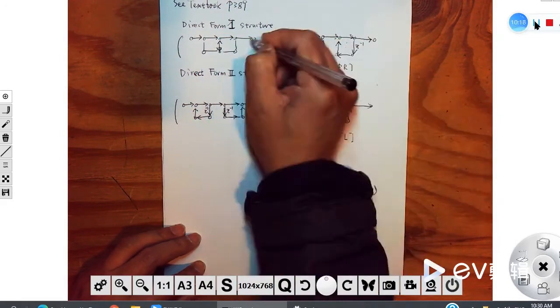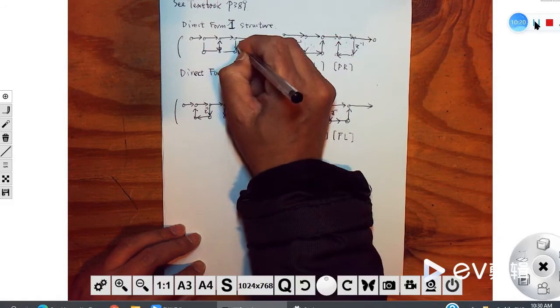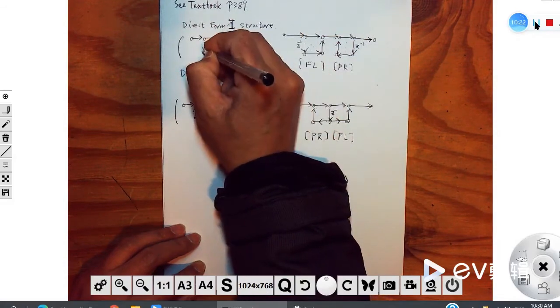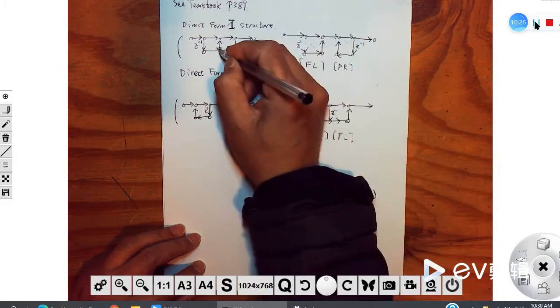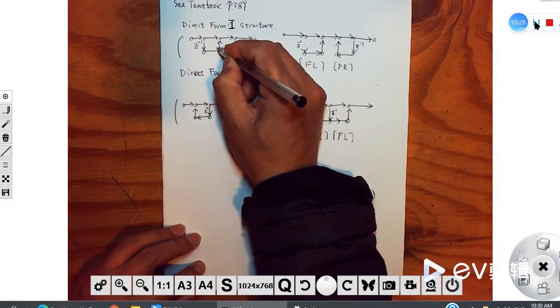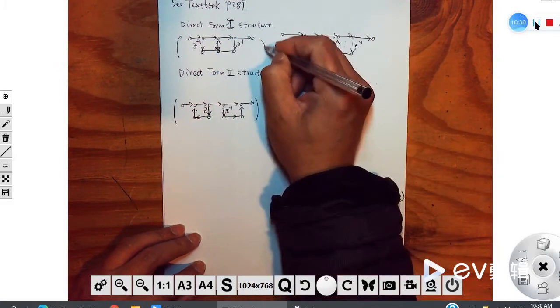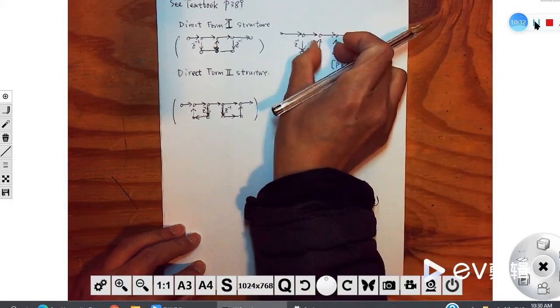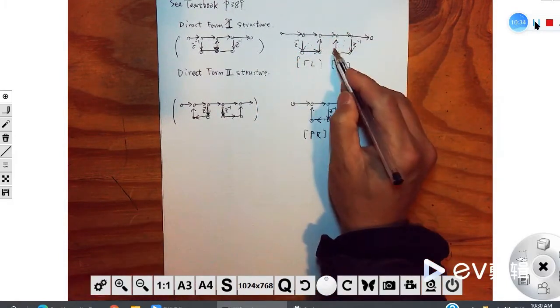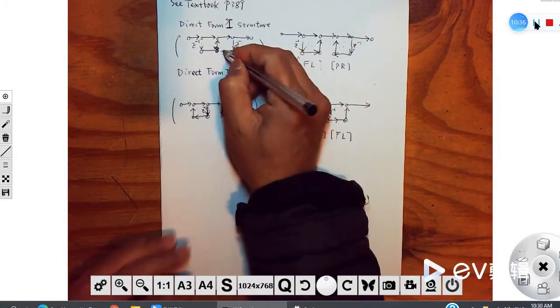So this is going down with a delay. You can merge these two paths together, and then you get something that looks like this.